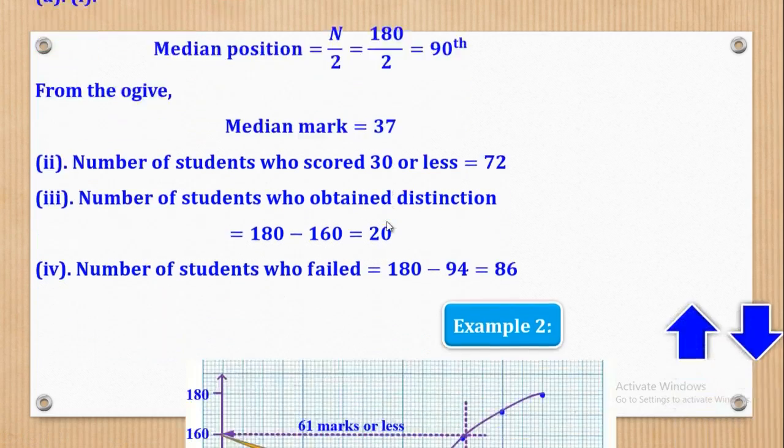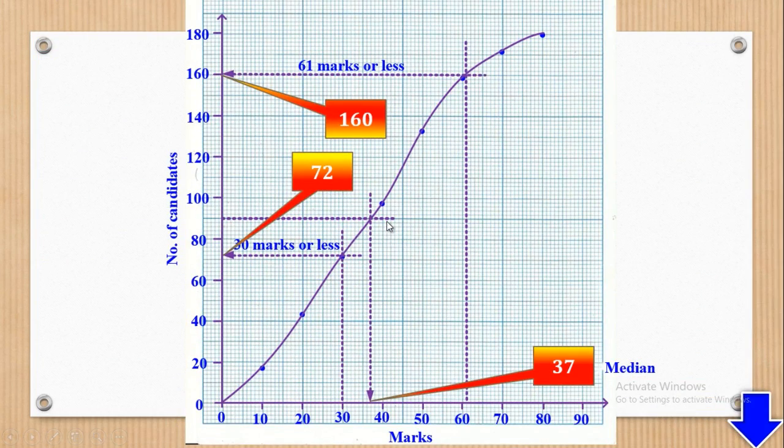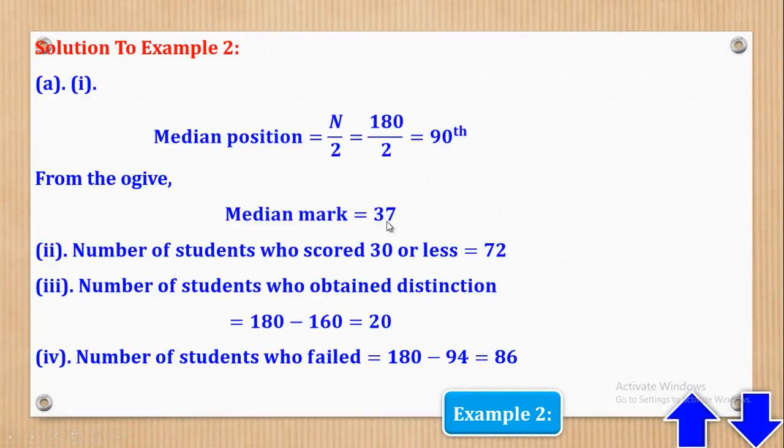So now we shall go back to our graph and look for 86 on the vertical, take a horizontal line to meet the curve, then drop a perpendicular to meet the horizontal axis, then read off that value, and that value will be the pass mark, which was 35.5. So you will come here and state that the pass mark will be equal to 35.5. So basically that's what they wanted in part A.